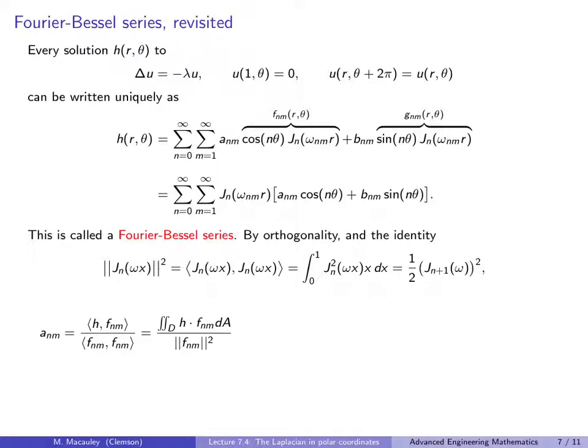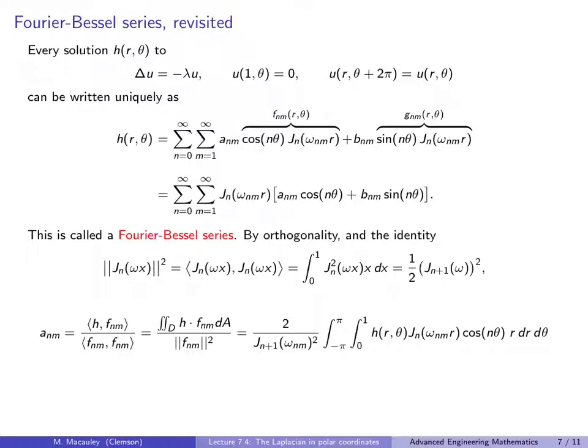Now I haven't defined the actual inner product because these are now two-dimensional functions, so I'll tell you that this is what it is. And then we have to divide by the norm of f_nm squared. This is also going to be an integral of this big function over the unit disk. By orthogonality, this reduces down to the integral of just the Bessel functions. I have not convinced you of that. I am not going to. Again, it's very messy. So this thing ends up being this creature.